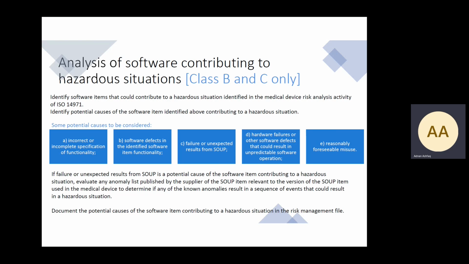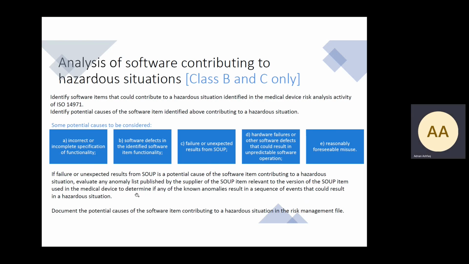So it's very important to outline this because you'll be looking at incorrect or incomplete specification of functionality, any software defects which have been identified, any failure or unexpected results from SOUP, from the external software, hardware failures or other software defects that could result in unpredictable software operation, and then reasonably foreseeable misuse.